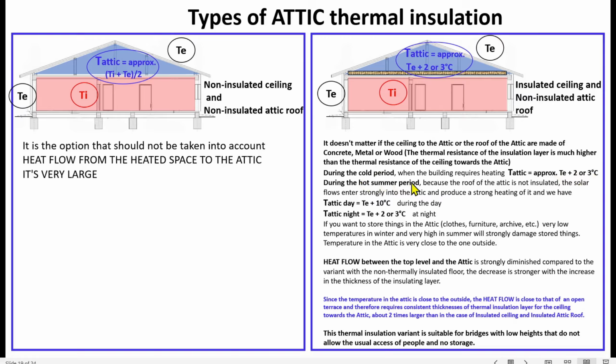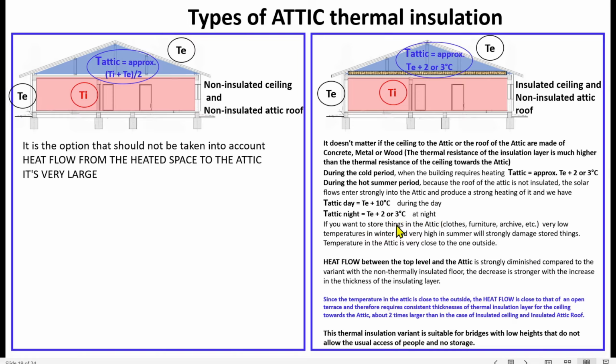During the hot summer period, because the roof of the attic is not insulated, the solar flows enter strongly into the attic and produce a strong heating of it. The attic by day is the exterior plus 10 degrees Celsius, and the attic at night is the exterior plus 2 or 3 degrees Celsius.